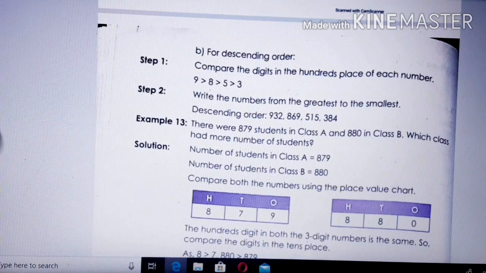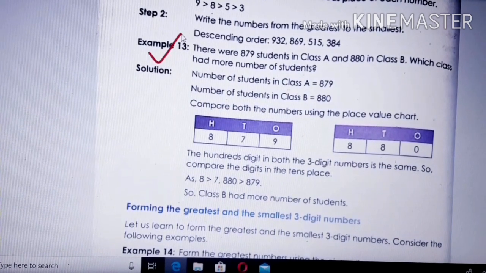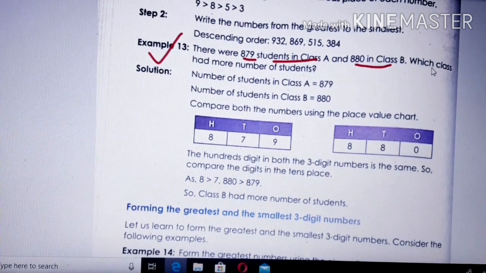Next, for descending order we have to compare in the same way. You can see example 13. There are 879 students in class A and 880 students in class B. Which had more number of students? So again, how to compare? You know how to compare, children. You can place the numbers in the place value chart.